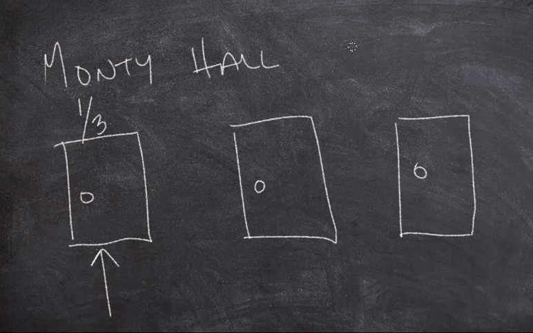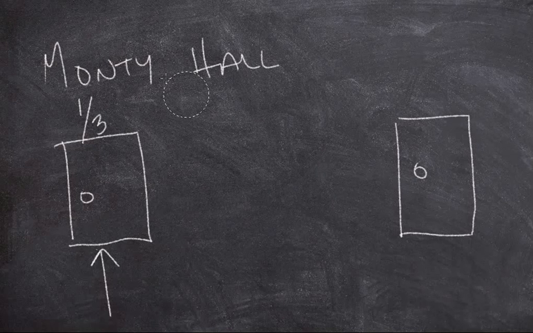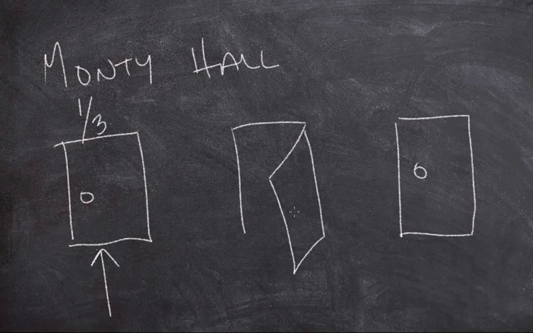After this choice is made, the host reveals or opens one of the other doors. After they open one of the other doors, it's revealed that behind the door they open is one of the goats.